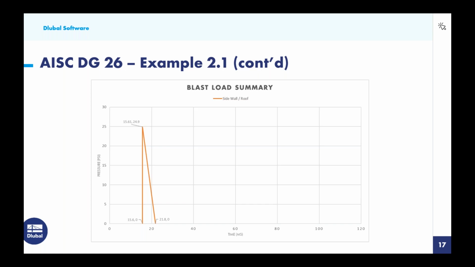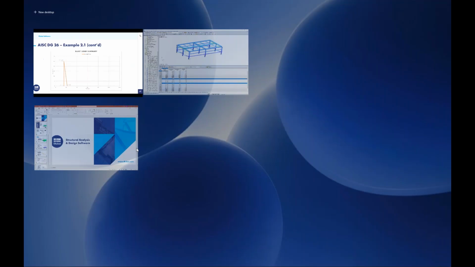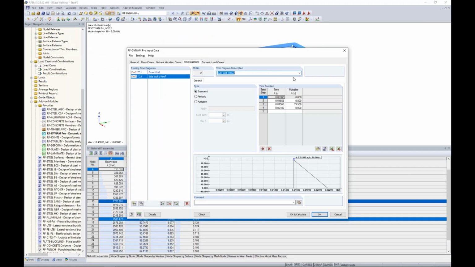So once we have these input points here, we go back to RFEM. And remember, the time is going to stay the same in this first column. All that we need to do is to go ahead and change the magnitude here, or multiplier, to 24.9. And here is our second time diagram.